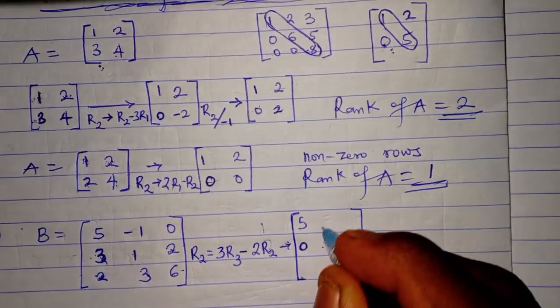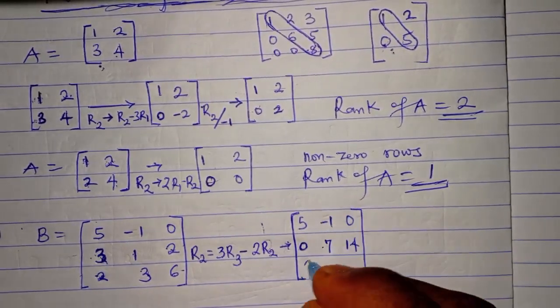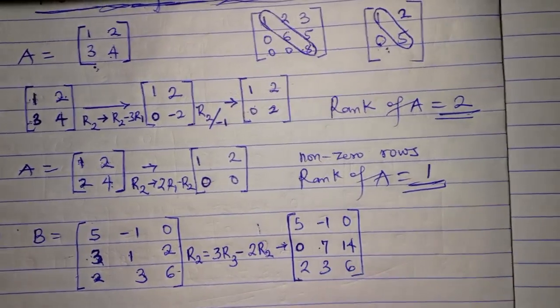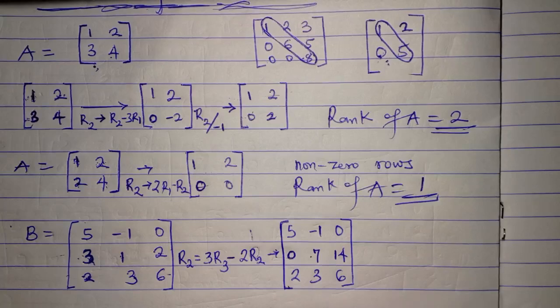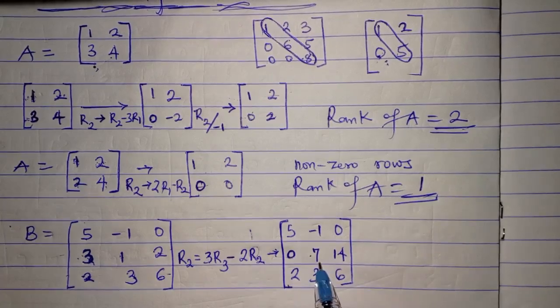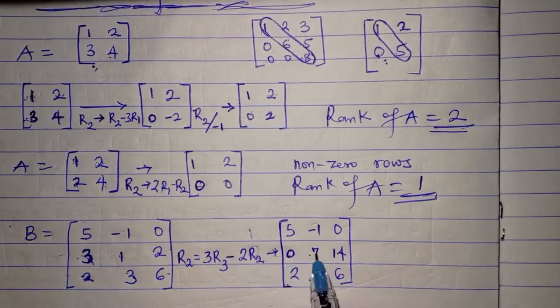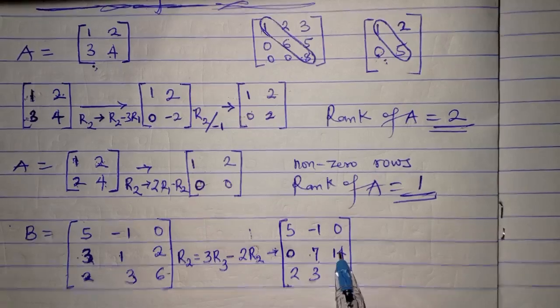5, minus 1, 0, 2, 3, 6. I can easily simplify, or let me reduce this matrix by dividing the entire row 2 by 7. 0, 7, 14, they are divisible by 7.